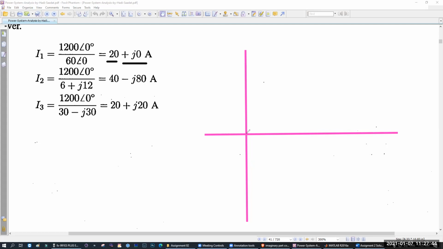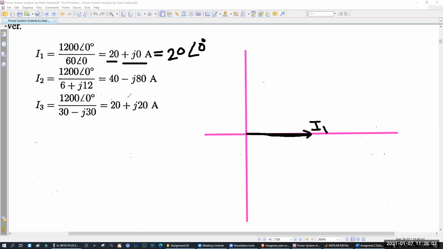That means what is the angle of this one? The angle is 0 here. So the magnitude is 20, and the angle is 0. This is your I1.